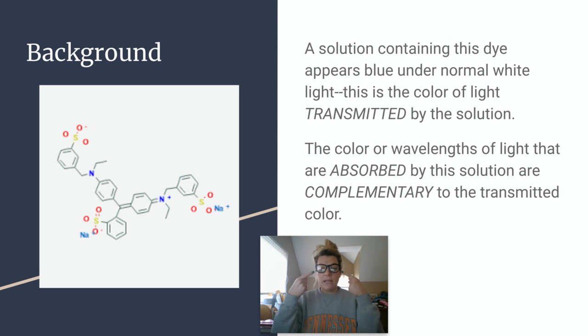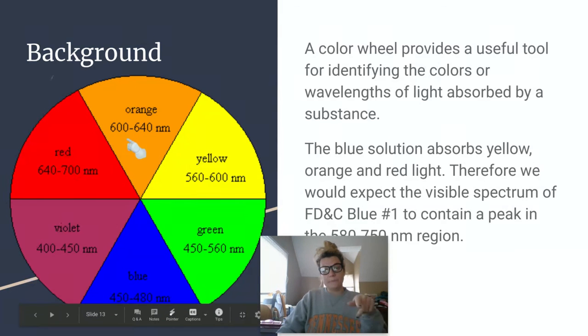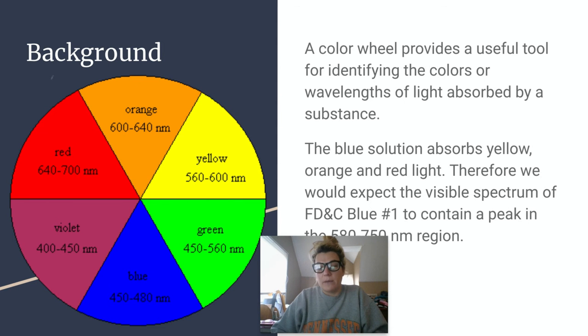So whatever I see as blue, the opposite is going into the sample, so I don't see it. In this case, the opposite of blue is orange, so it's orange, yellow, and red. The reason why I see blue is because orange, yellow, and red are absorbed into the substance.